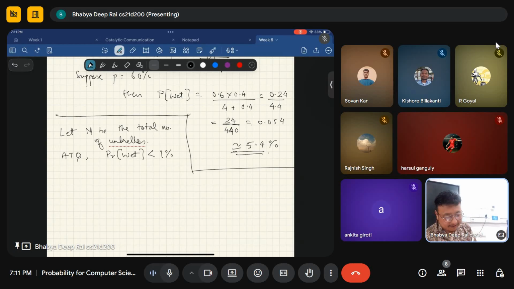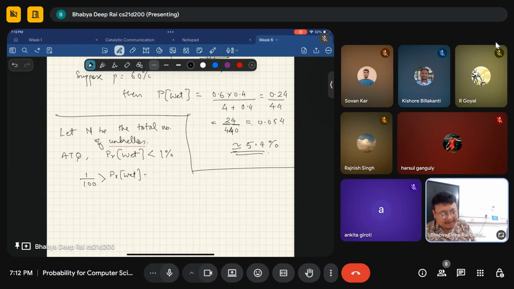So the probability of getting wet is less than 1%, which means that 1 by 100 is greater than the probability of getting wet, of course.